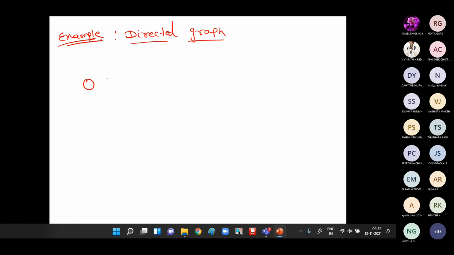Suppose here A, suppose this is B, this is C, this is D, this is E. So A is connected to B with an arrow. E is connected to C with an arrow mark.